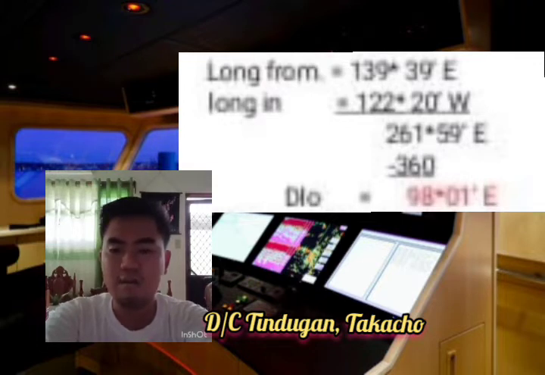So long 1 equals 139 degrees 39 minutes east. Long 2 equals 122 degrees 20 minutes west. So 261 degrees 59 minutes east minus 360. So the answer is D-long equals 98 degrees 1 minute east.